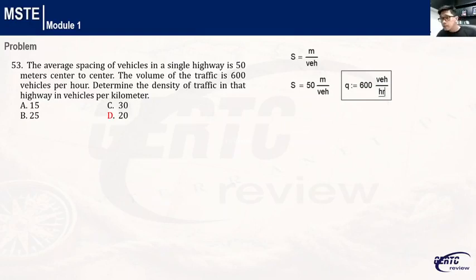And determine the density of the traffic in that highway in vehicles per kilometer. So yung density natin, that is K, that will be in the unit of vehicles per kilometer. No? Ito yung unit ng ating density, K.